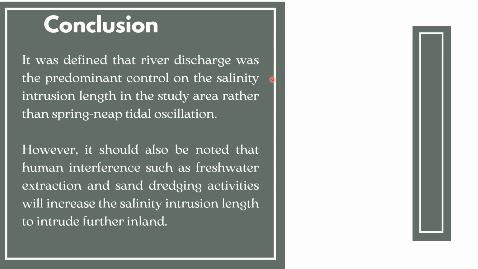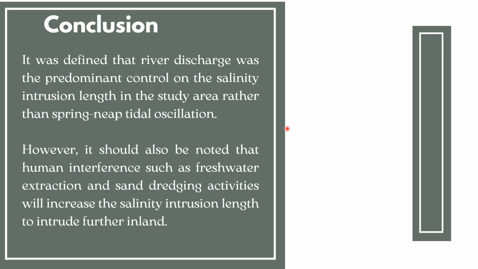As a conclusion, the study defined that the water discharge was the predominant control, rather than the tides and also the water level, on the salinity intrusions in the Terengganu River. However, it should also be noted that human activities, such as the freshwater extractions along the Terengganu River and also sand dredging activities, might cause the salinity to intrude further inland.